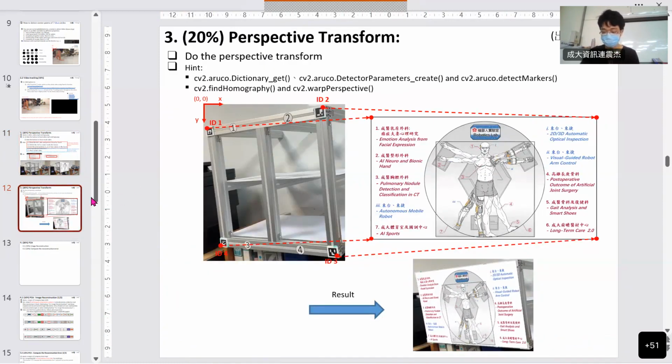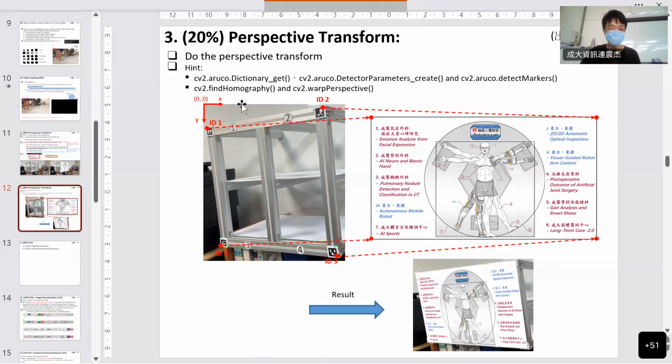There are more detailed hints about this problem. You will use the OpenCV functions to detect the positions of the 4 ArUco markers, ID1, ID2, ID3, and ID4, and project the image corners onto ID1, ID2, ID3, and ID4.